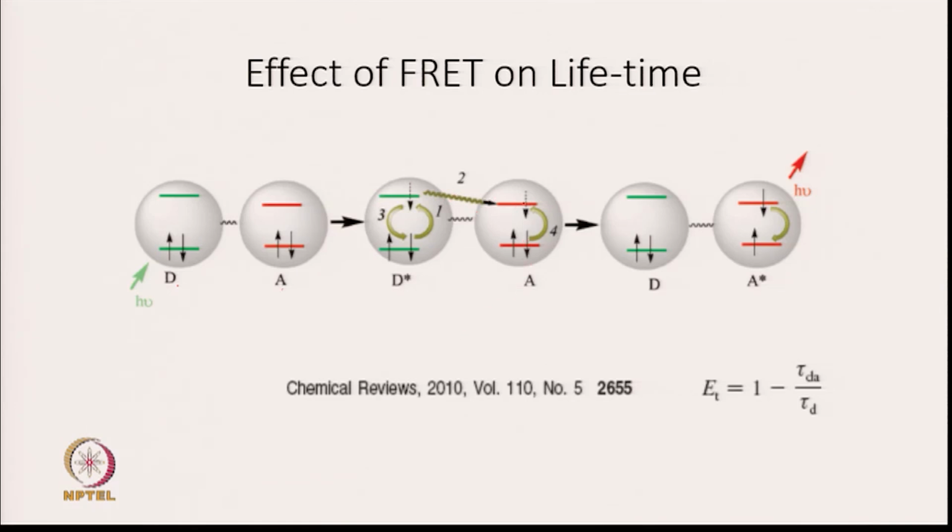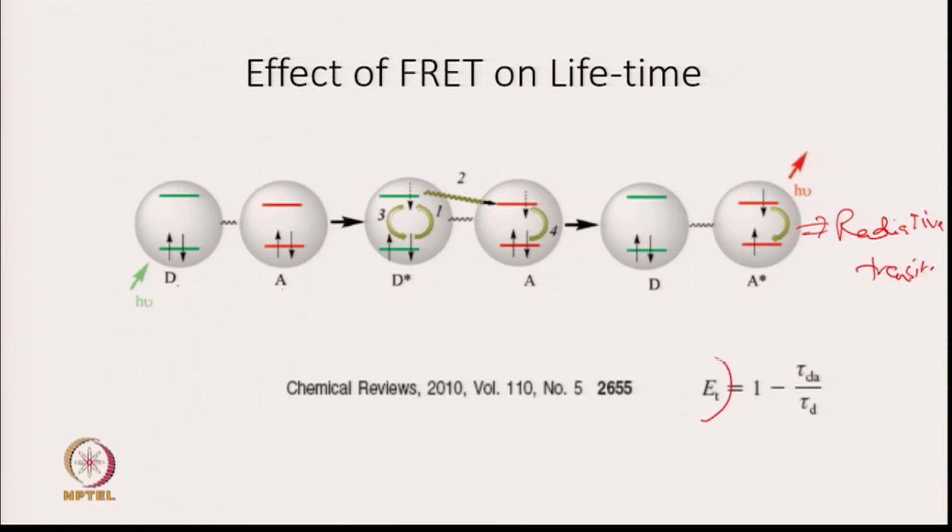What it does? It excites one of your fluorophore to the excited state, and then in this acceptor, there is emission of a photon due to fluorophore coming from excited state to ground state, this being a radiative transition.